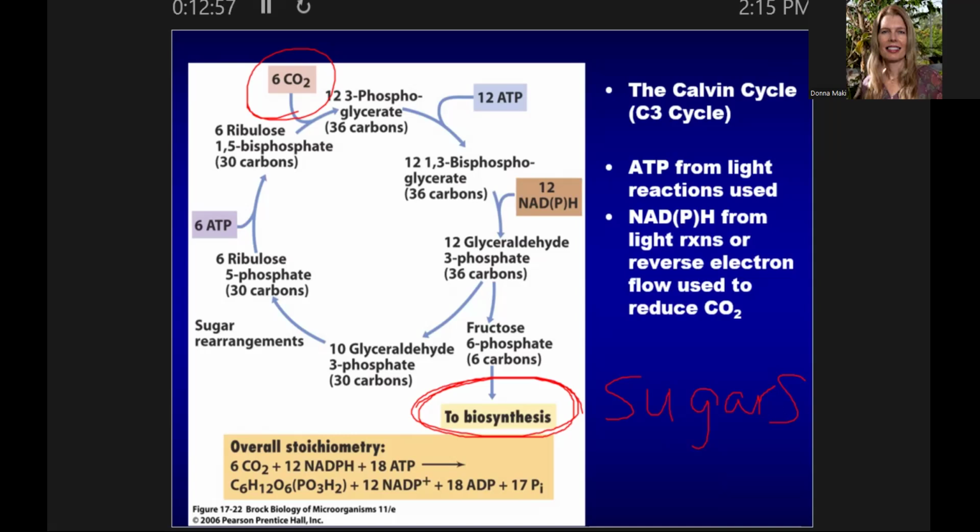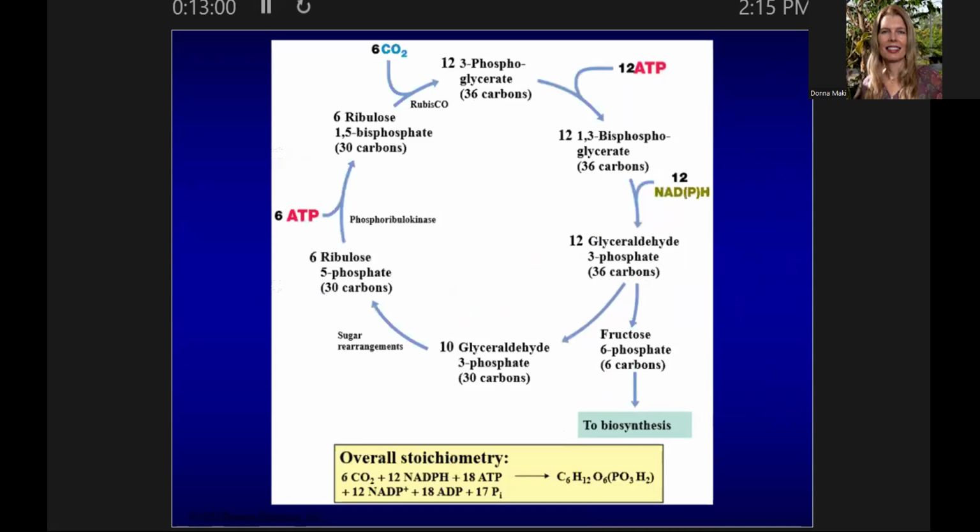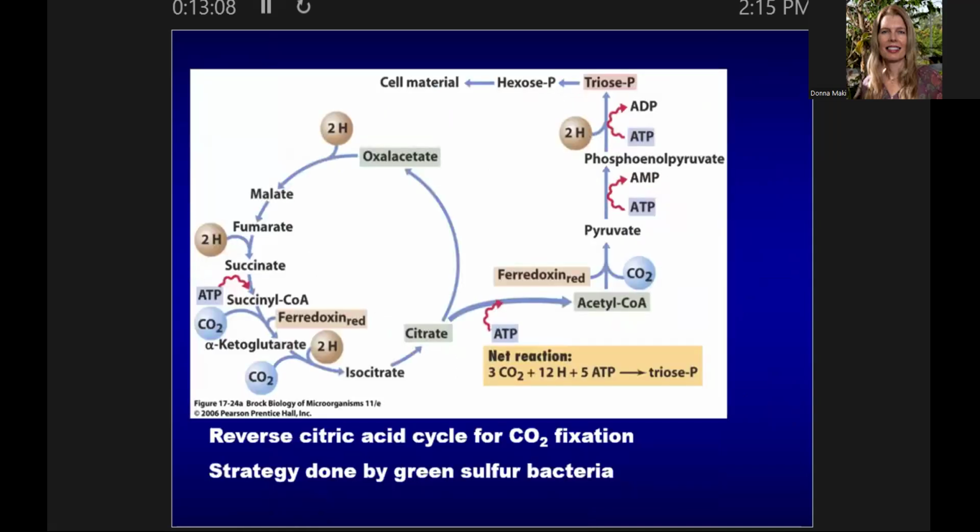There's this weird, oh, this is another example of the Calvin cycle. So I just either or, it's the same thing, just whatever one you like to look at. Some microbes do this funky thing where they use ferredoxin, and they have to do that in order to make their sugar. And they take the citric acid cycle and put it into reverse. Really weird. And so here they actually call it the reverse citric acid cycle. So that's what you're staring at here.